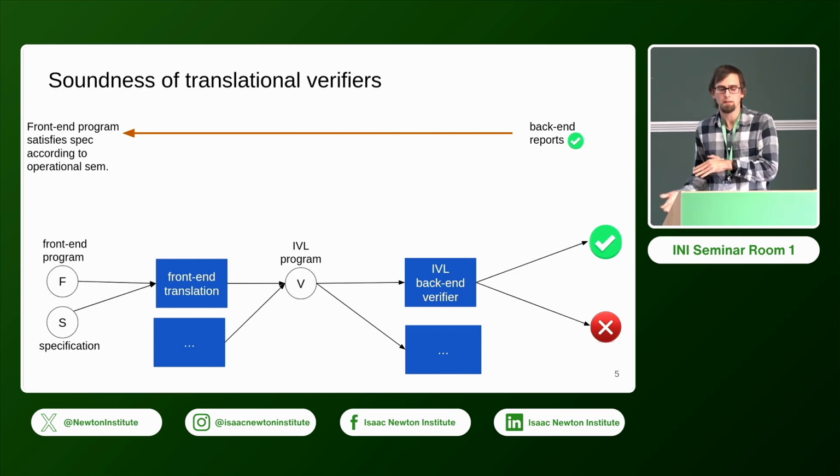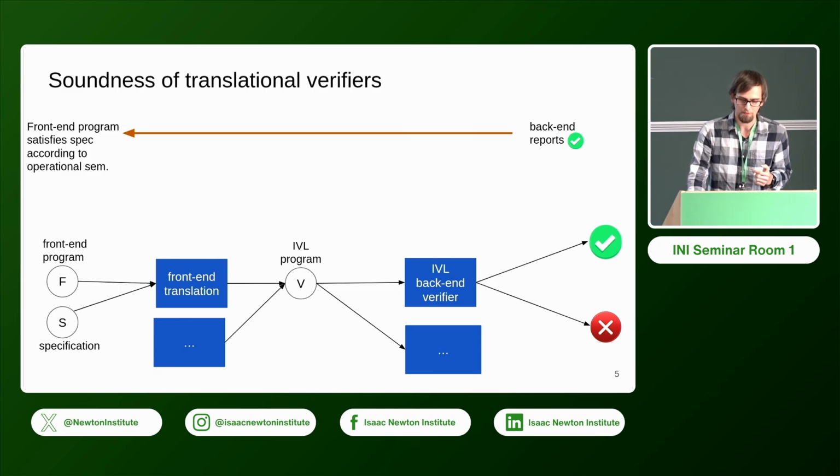What we want is to know that our front-end program satisfies the specification, usually according to the operational semantics of the front-end language. So this talk is about how we can prove the soundness of such an IVL-based verification approach, where we transform a successful verification result in the backend into a statement that the front-end program is correct.